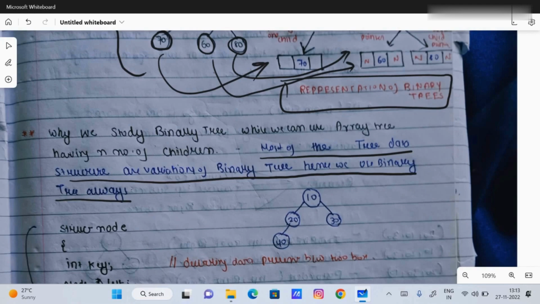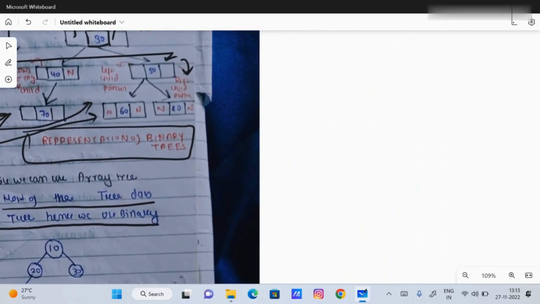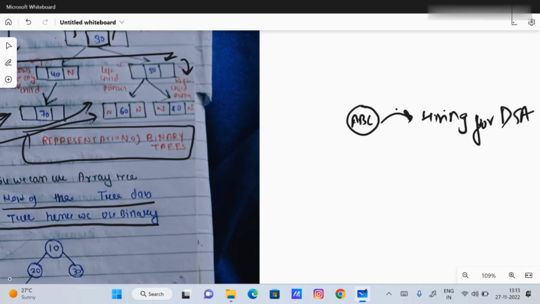Let me give you an example of it. Like in any college, say ABC college, they want to hire a person. Hiring is open for a teacher for DSA. Now I've received two applications.